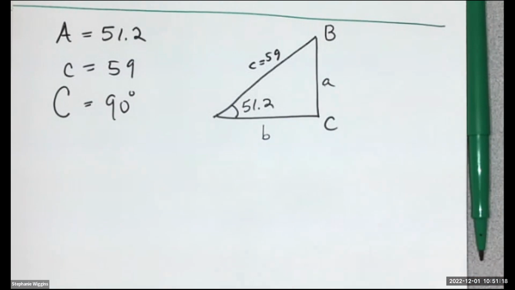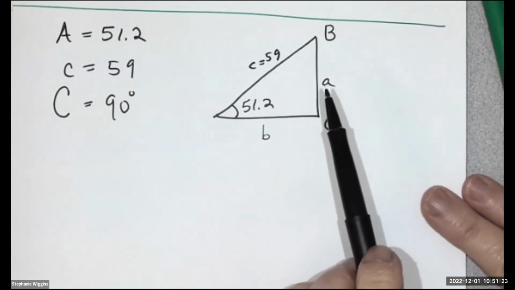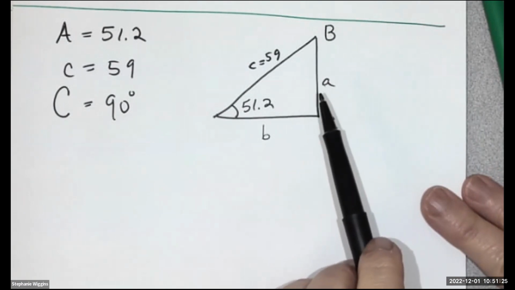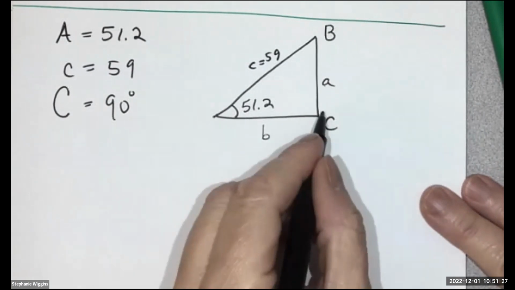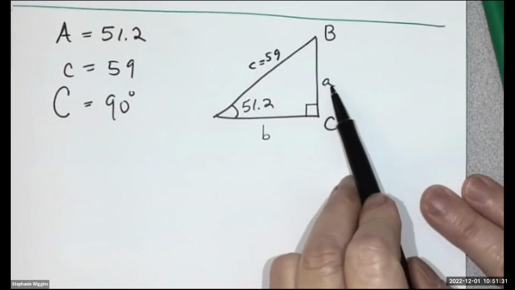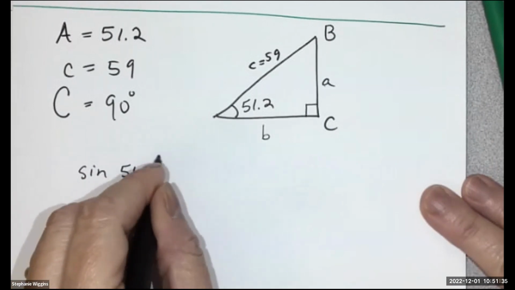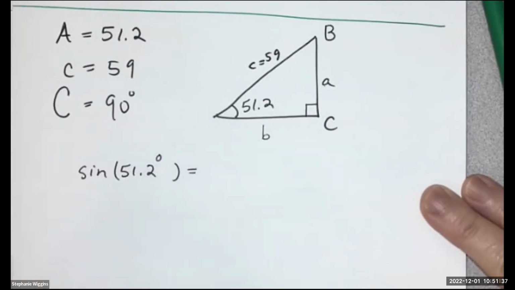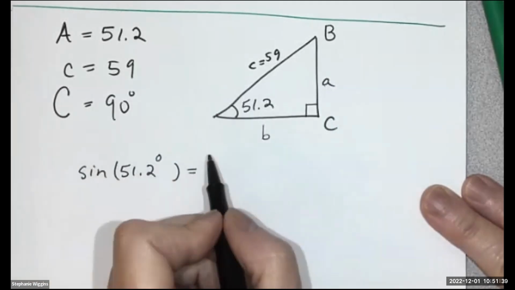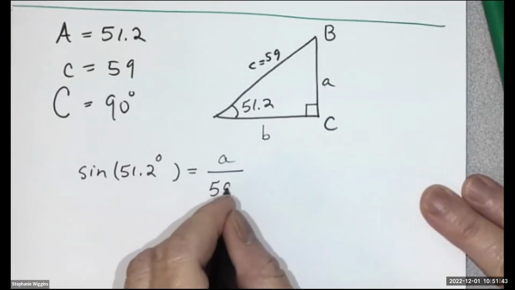Okay. So you're going to first find, let's say, A, and you know the hypotenuse, so you're going to use sine, right? Sine of 51.2 degrees is going to equal your A, which is the opposite, over the hypotenuse, which is 59.